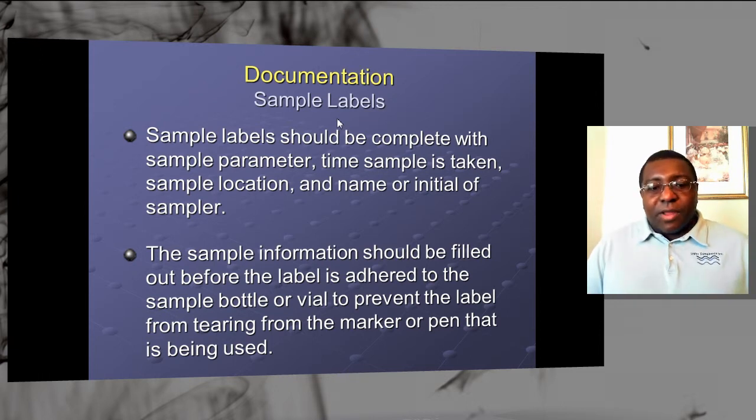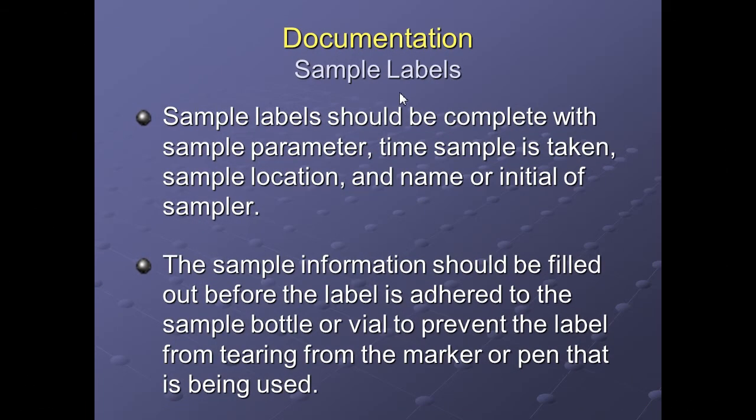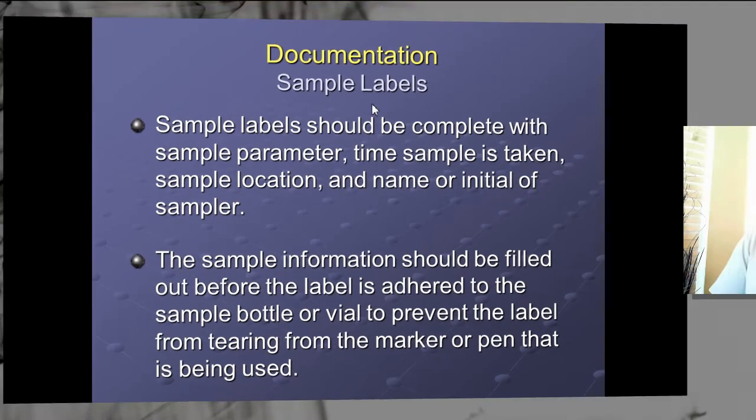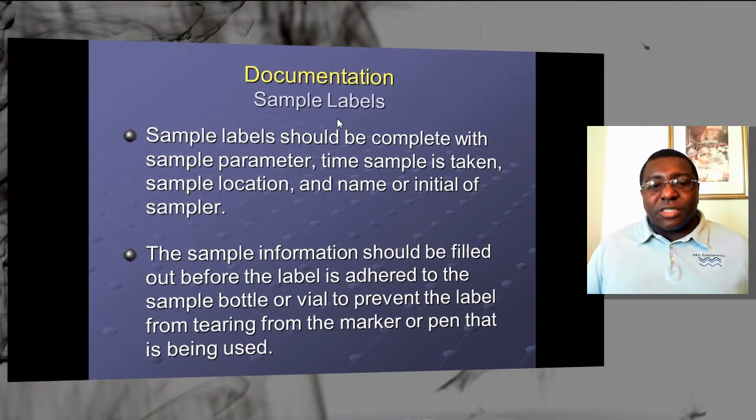So you have your sampling labels with your parameter, your time, your location, and who's doing the sample. Either you do a signature system or you do an initial system. But if you have someone named Mike Smith, and then you may have a Miguel Sanchez, and they're doing an MS system, you don't know if it's Mike or Miguel that is doing the sample.